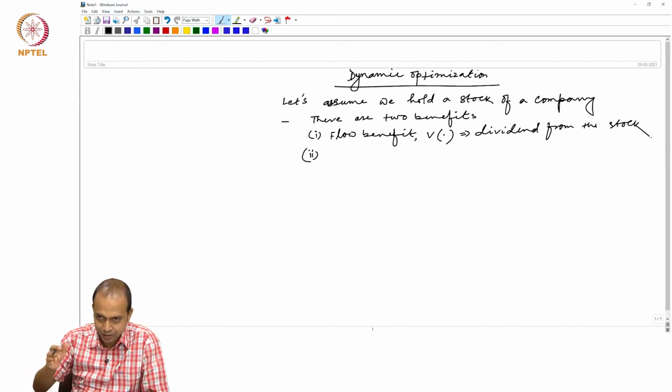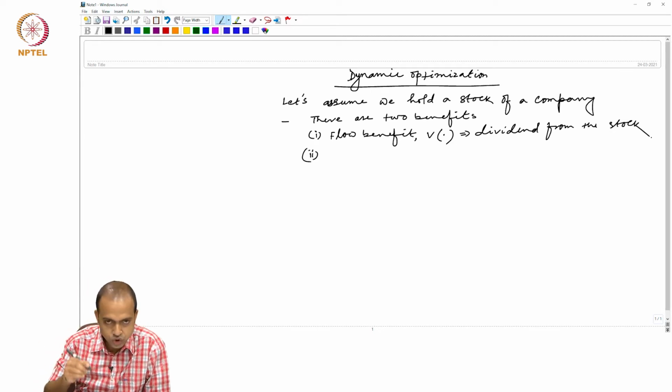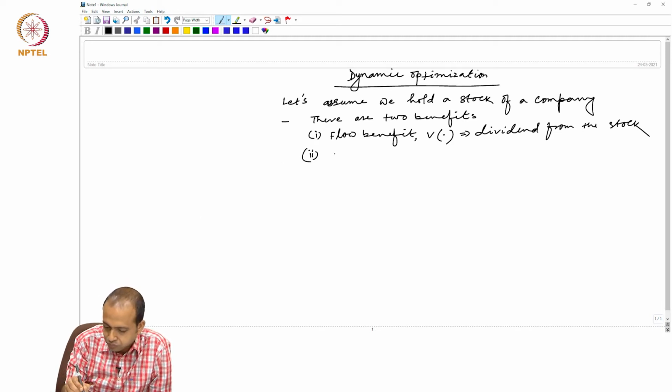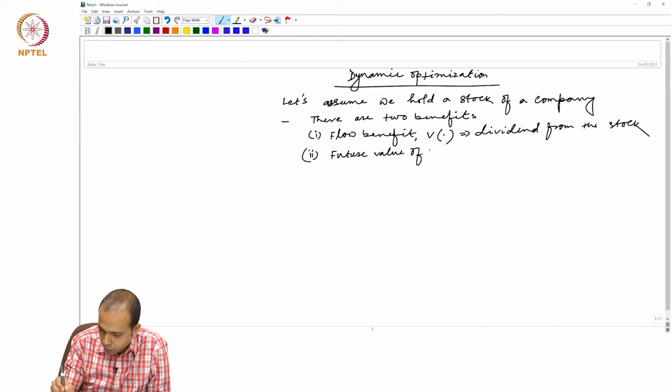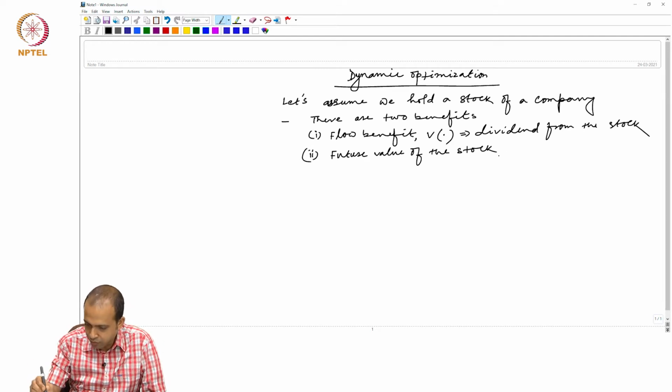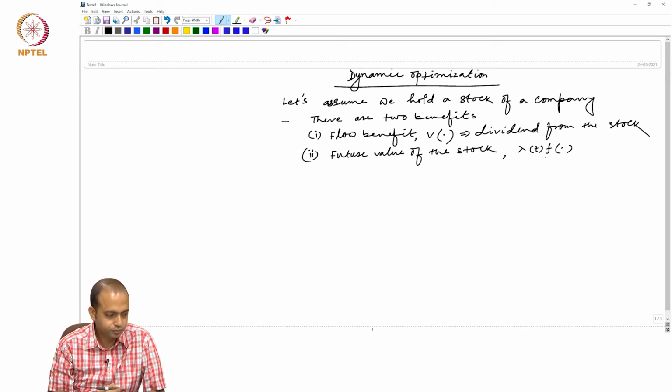And at the end, when you sell the stock to someone else, then the other benefit you get is called the future value of the stock, and that is basically denoted by lambda t into f dot.